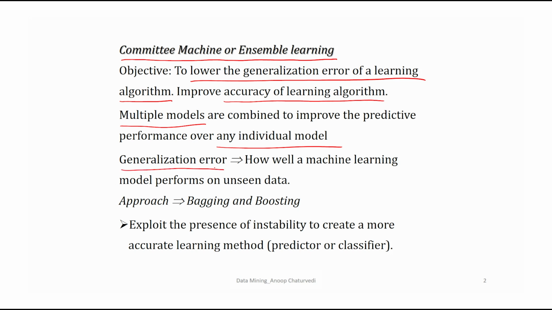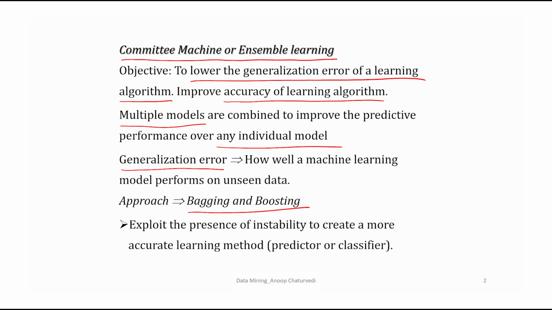To overcome this generalization error problem, one can make use of ensemble learning. One can develop multiple models and then combine the results of those multiple models to get better predictions. Two of the approaches are bagging and boosting.